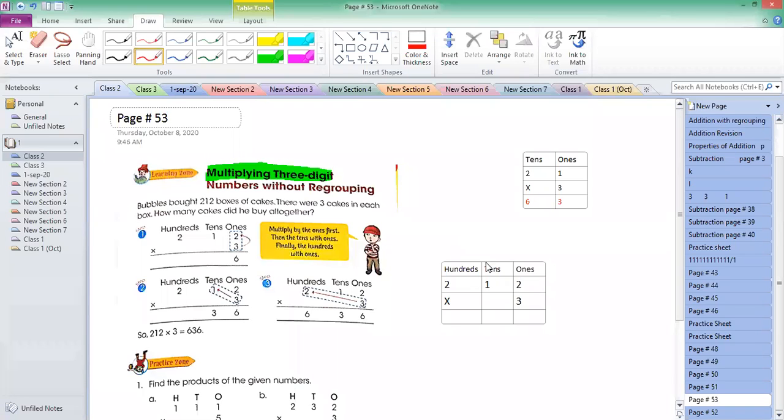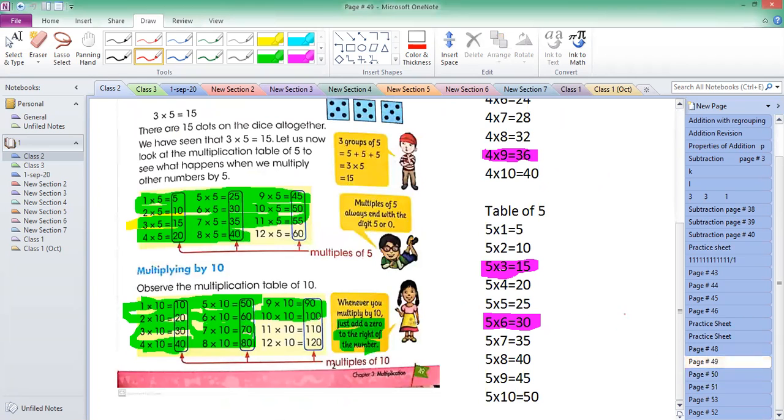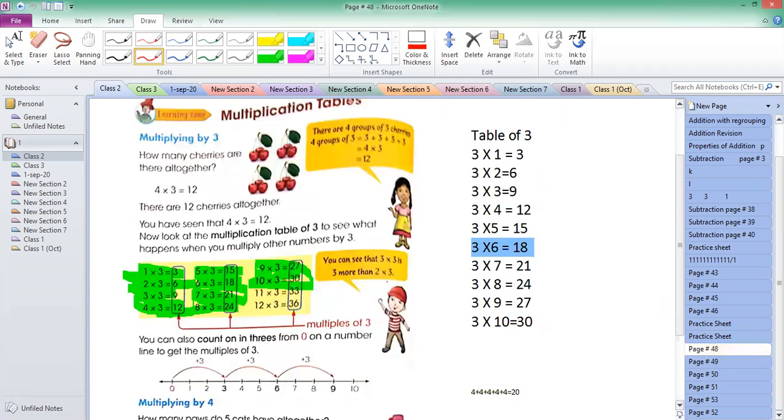So guys, 3 multiplied by 2 is equal to, if you don't know the table of 3, I can show you the table. 3 multiplied by 1 equals 3 and 3 multiplied by 2 equals 6.